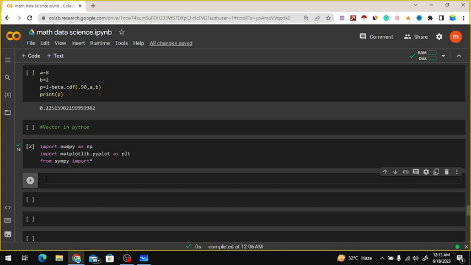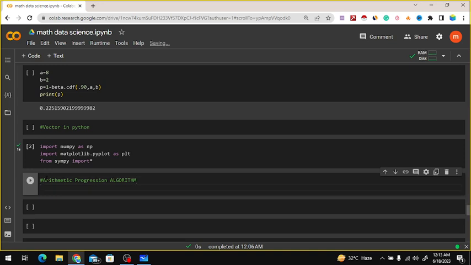Let's see, the AP arithmetic progression algorithm. It's an arithmetic progressions algorithm.